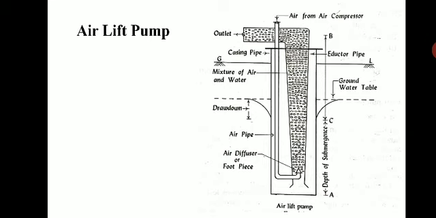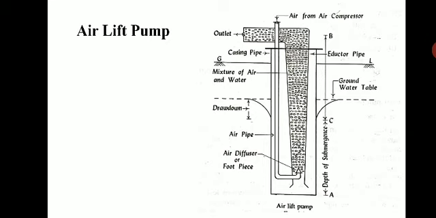Then the efficiency of airlift pump is relatively low, and it varies from 20% to 45%. So the efficiency is less, and the nature of flow obtained from the airlift pump is not continuous. So you will not get continuous water from the outlet, but it is intermittent.